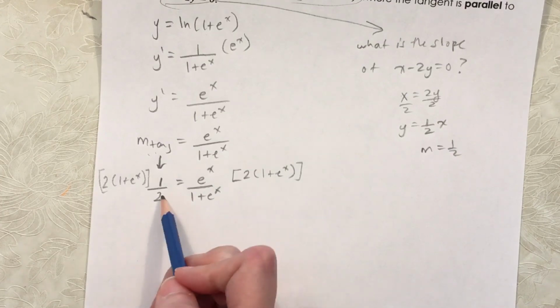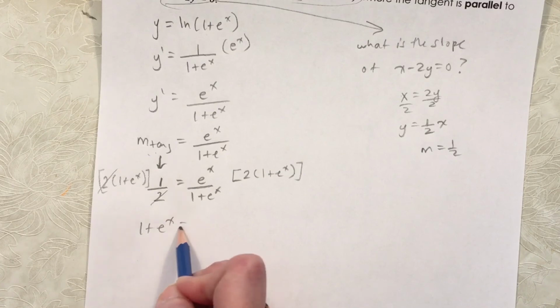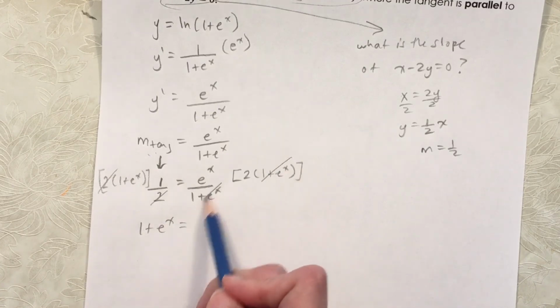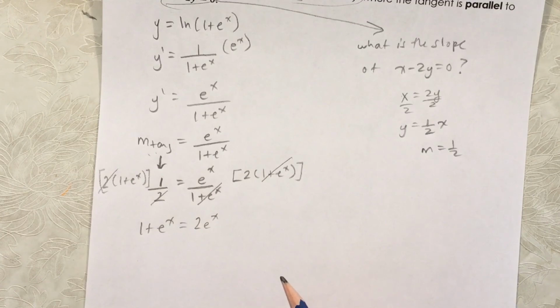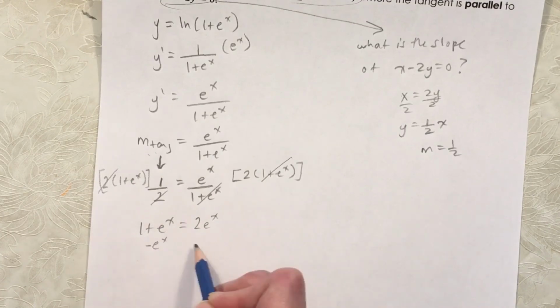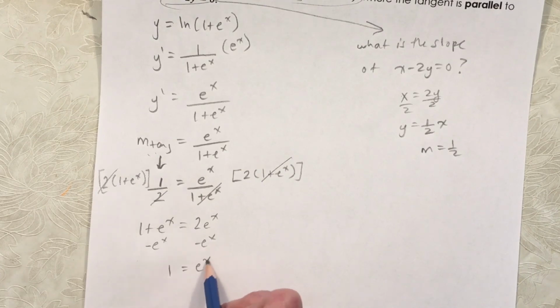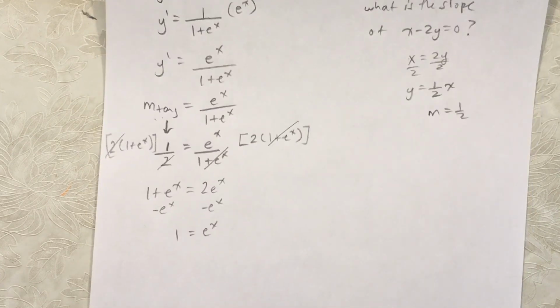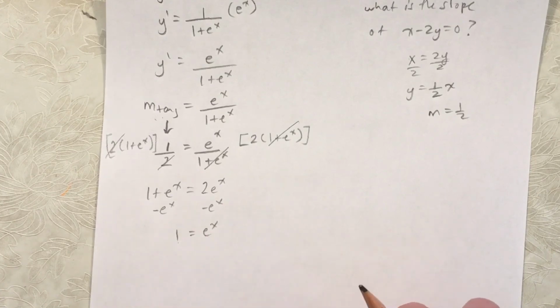Okay, so the 2's divide out on this side and you're left with 1 plus e to the x. And on this side, the 1 plus e to the x divides out and we're left with 2e to the x. If we subtract e to the x on both sides, we get 2e to the x minus e to the x is e to the x.